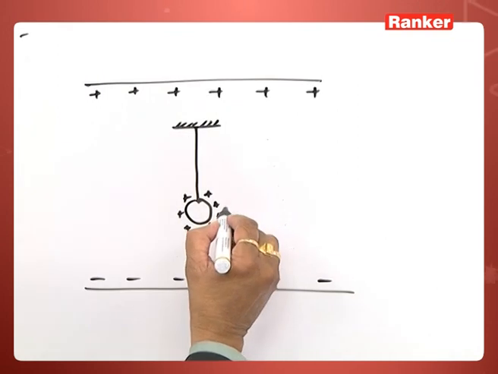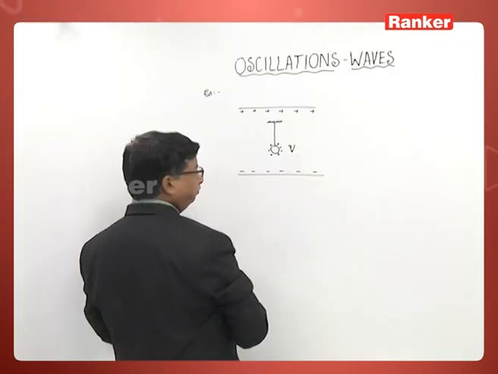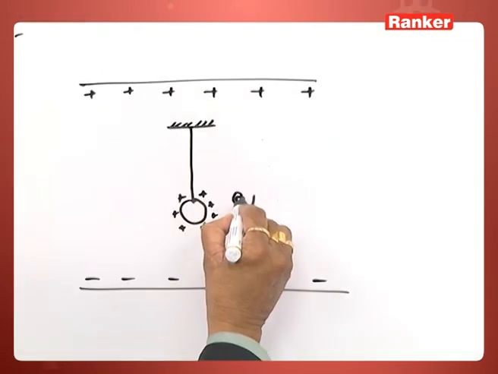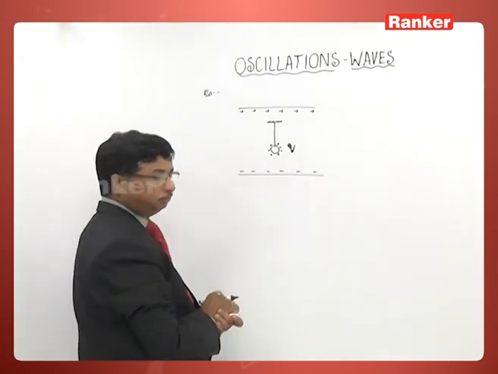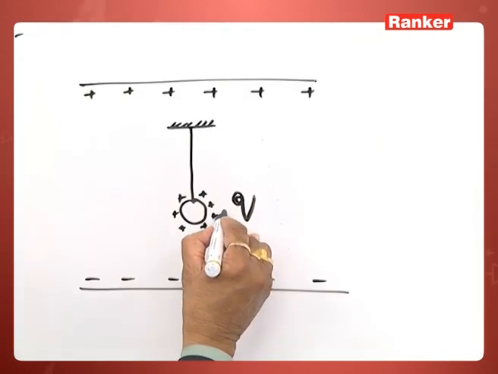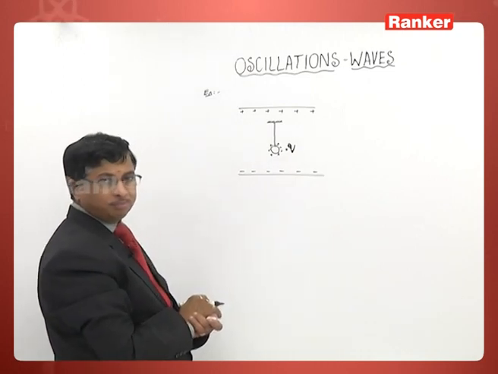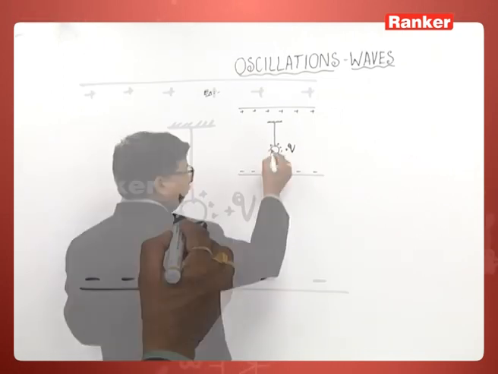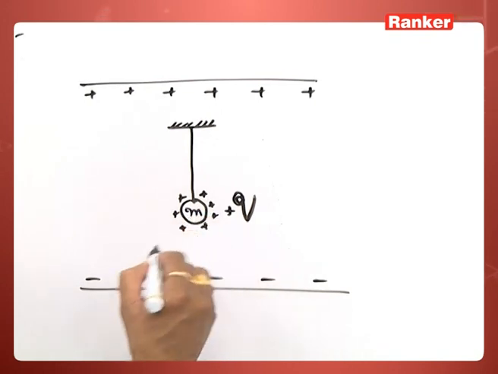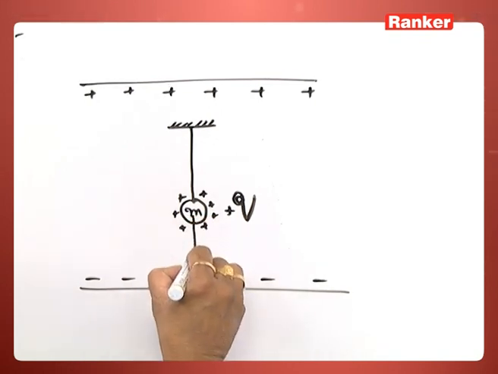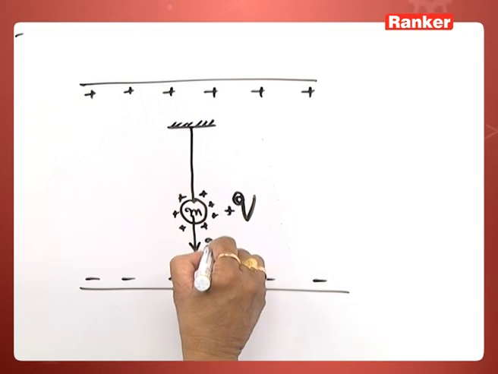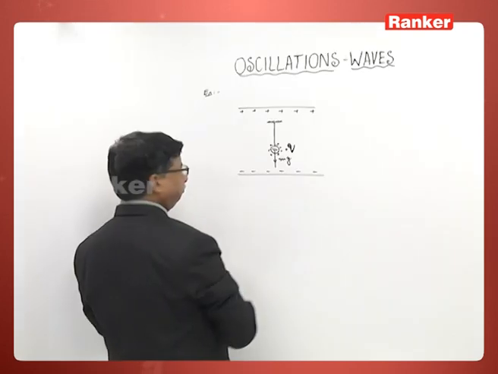What is the charge that has been provided to it? I consider that charge as Q. Which Q it is to be remembered? It is a positive charge given to it. Then, since it has mass, it will be acted upon by weight downwards.